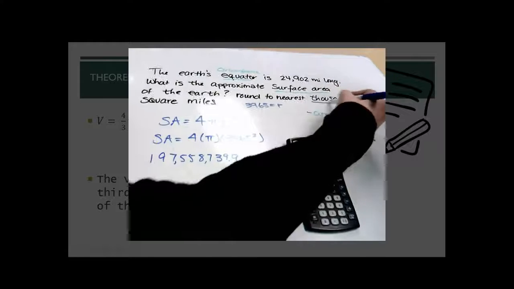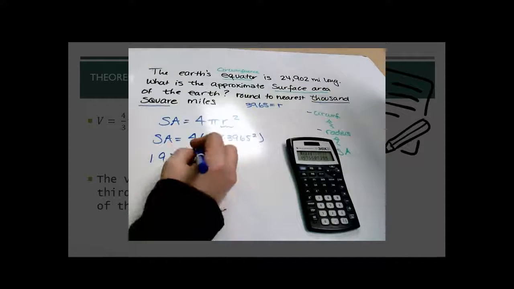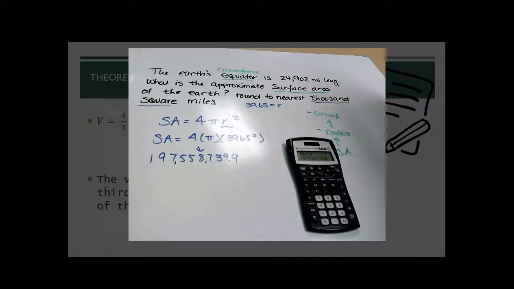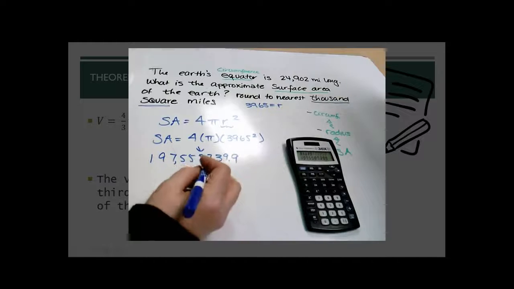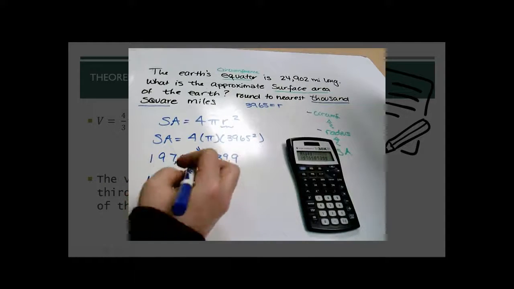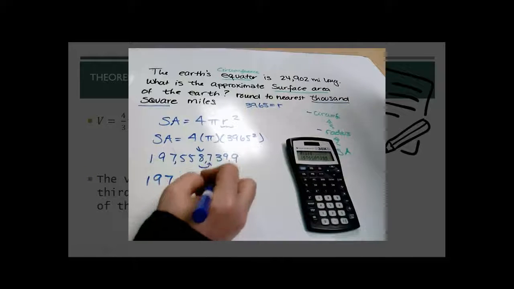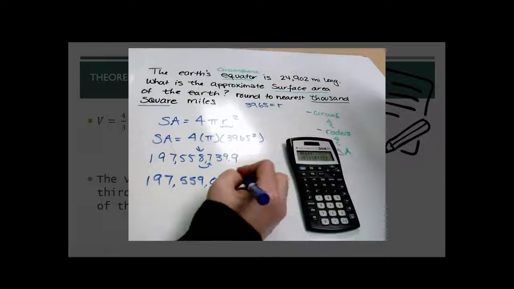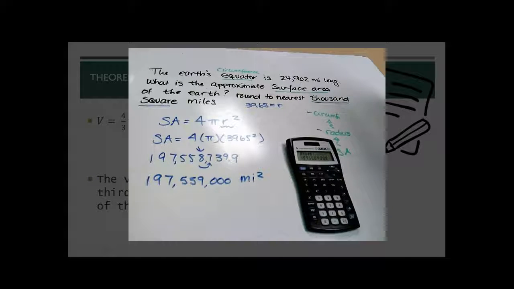Remember, it asked us to round to the nearest 1,000 square miles, so that's going to give me my thousands place there. So I'm looking here, I'm going to look to the next number. 7 is going to round it up, so I'm going to have roughly 197,559,000 square miles. Excellent.